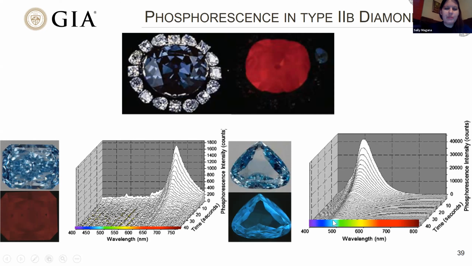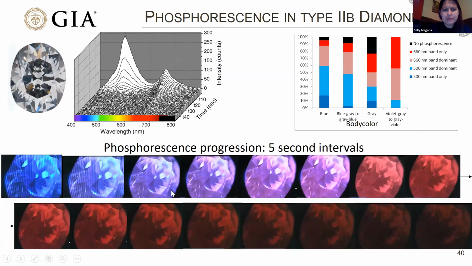And oftentimes they have both. But all natural type 2B diamonds will have either this 500 nanometer band phosphorescence, in the blue, or phosphorescence within the red.